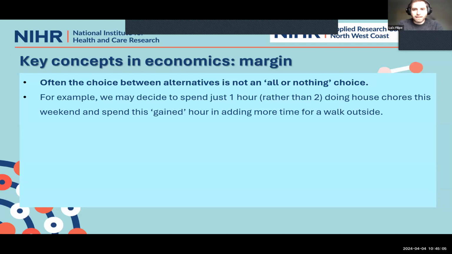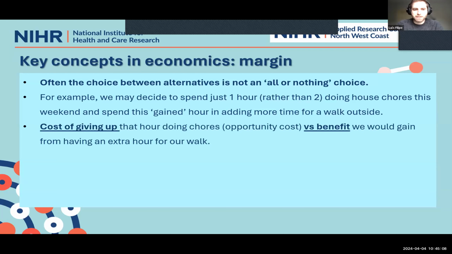And the idea here in thinking at the margin is the following. In this example, you would be doing 2 hours of house chores, and we don't say exactly how much you would be doing in terms of outside walk, but let's say that you reduce 1 hour of house chores in order to have 1 hour more for a walk outside. It is very important to understand the marginal change that this causes.